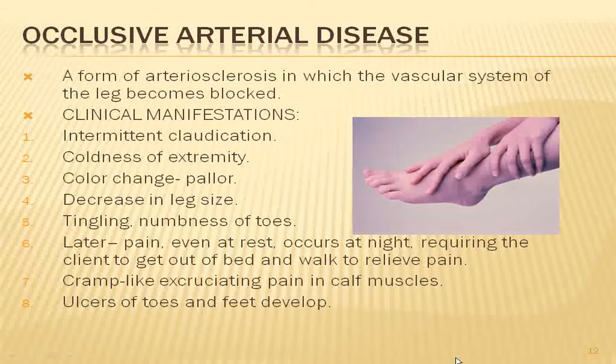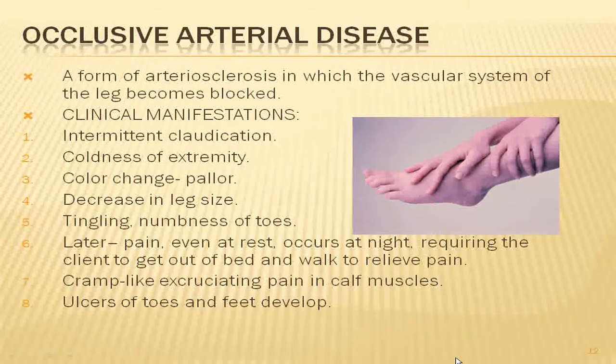The person may have pain even at rest with occlusive arterial disease, and it occurs at night, requiring the client to get out of bed and walk to relieve pain. The person has cramps in the calf muscles, and ulcers of the toes and feet develop.